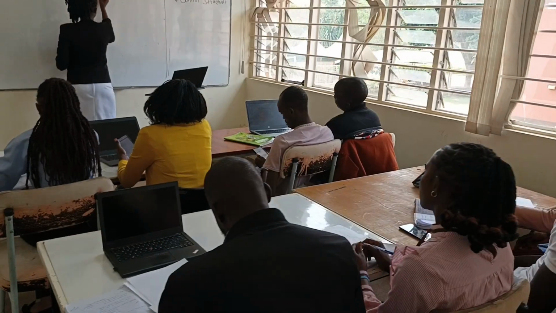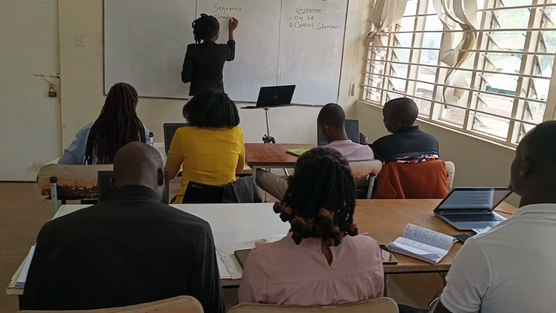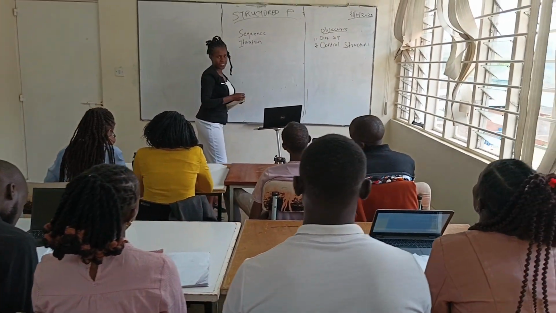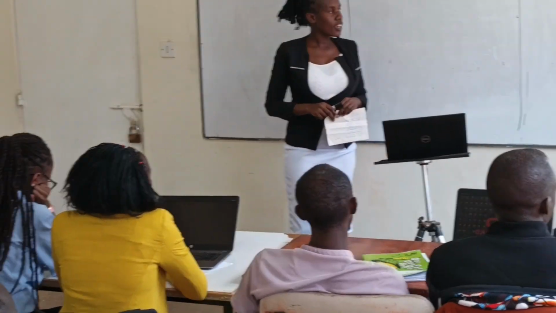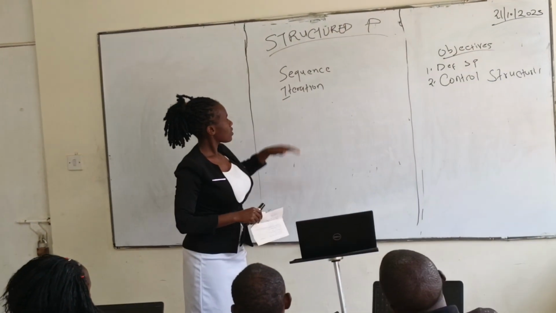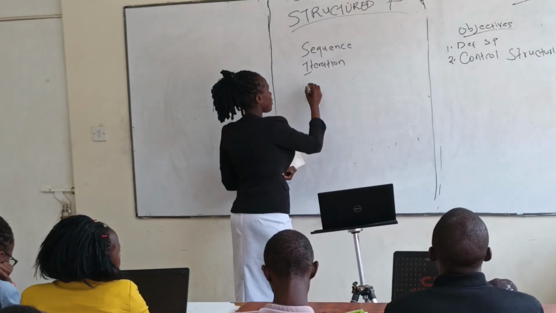So these are some of the control structures. We have sequence. Someone has given us direction. You can't just say that you are only selection. Silvio?